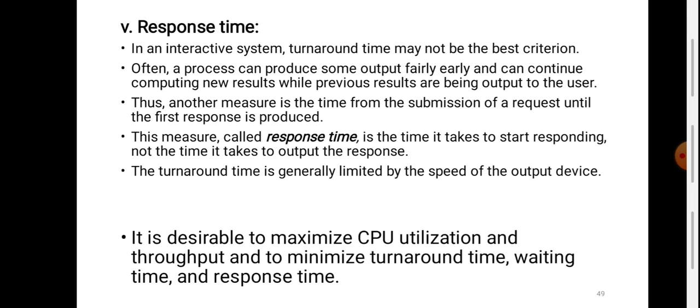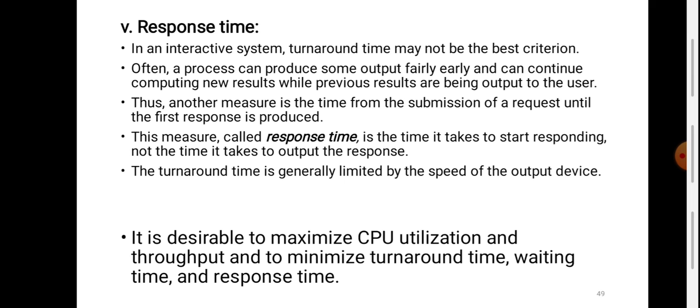This measure is called response time, the time it takes to start responding. The turnaround time is generally limited by the speed of the output device, because some output devices may be fast and some may be very slow. So depending on the speed of the input output or output device, the turnaround time is limited.